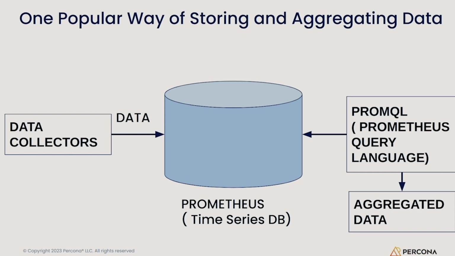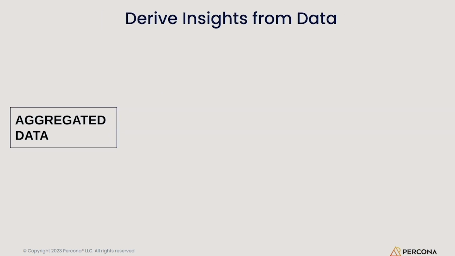But if I want to know the average memory usage over 5 minutes, I need to ensure that I'm capturing data for all 5 minutes, and I need to aggregate it. All of this is done here. And then you have your aggregated data. So you've got some basic signals from a huge pile of noise.